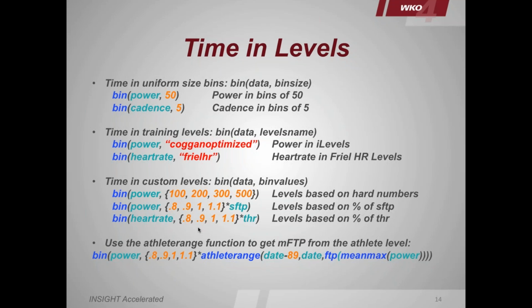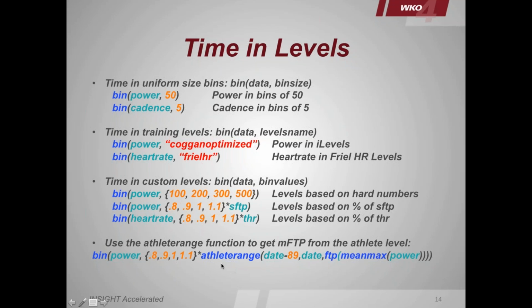So as your SFTP changes, and hopefully improves, it's going to put the power numbers in the bins that are appropriate to the SFTP as of the date of each workout. Okay.